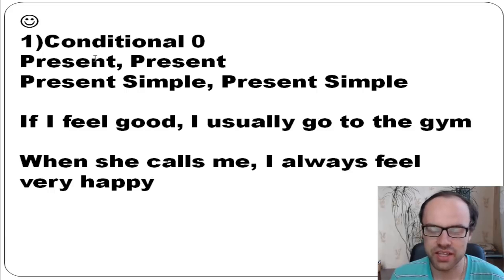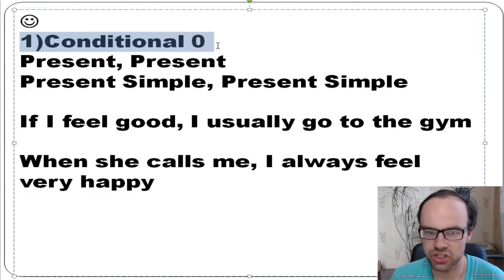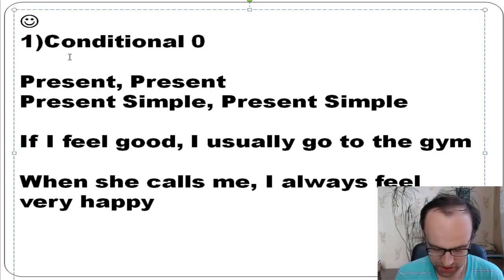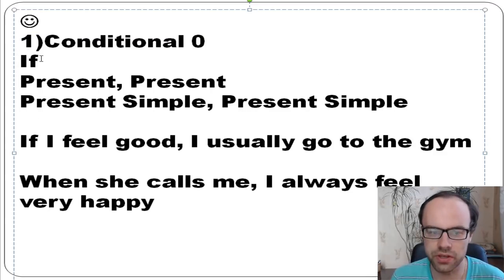Okay, so yeah, I remember that you asked me to make a video about conditionals. Okay, so let's do it. So zero conditional, yeah, we call it zero conditional. It's about sentences with if.